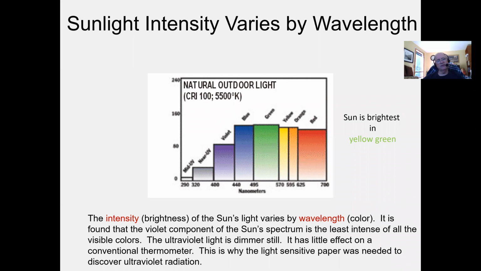It didn't fall off very dramatically on one side, but the other side, it did. The blue was less, and the violet was much less. So we found that sunlight peaks in that green yellowish band, the brightest color that the sun is actually giving off.